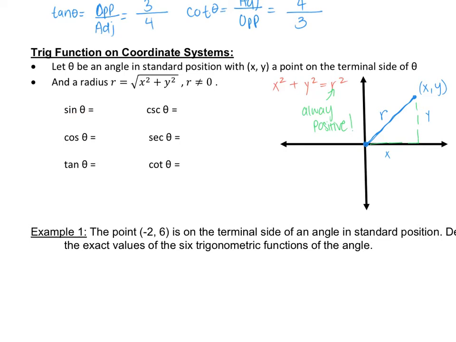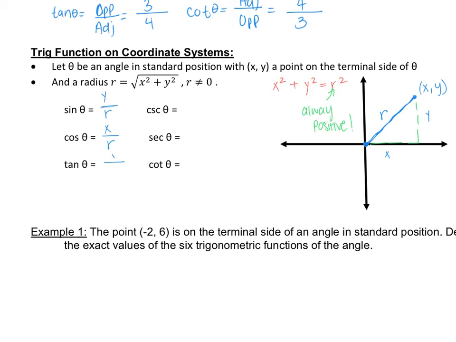Now, for sine, cosine, and tangent, if we want to write them in terms of x, y, and r, sine here is always going to be opposite over the hypotenuse, which is now r. So y over r, whereas cosine will be x over r, because x here is the adjacent side, so the adjacent over the hypotenuse.